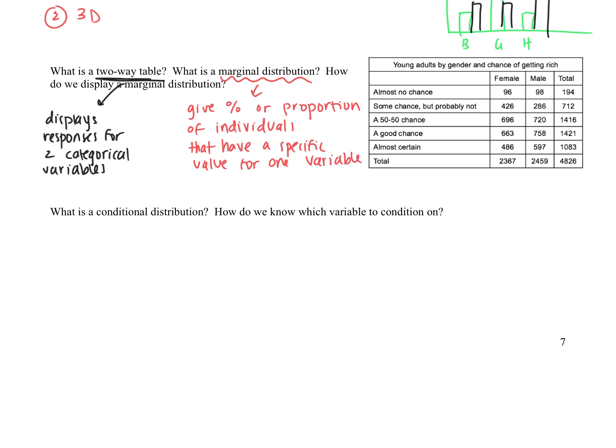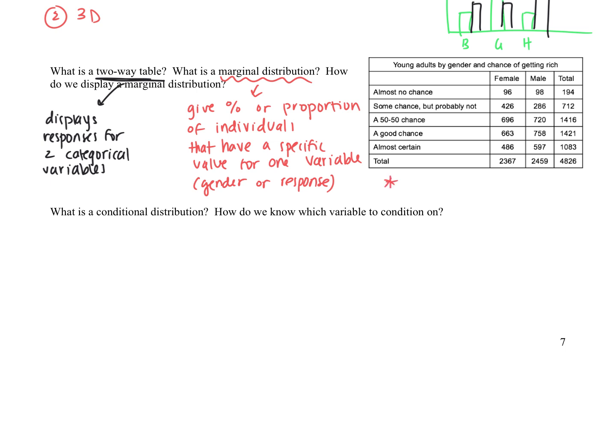So for a marginal distribution, we only care about one variable. So there are two different marginal distributions here. We could look just at gender, or we could look just at the response that they gave.